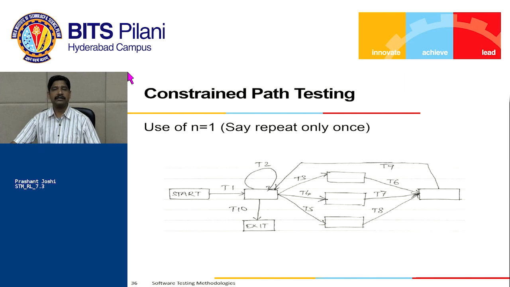In fact, we not only constrain it by behavior, we block the card, or we actually let the user know that he has entered it 3 times, and depending on the policy of the particular bank, we are going to take the necessary action. So from state, transition and path, we also now start putting the constrained path, which allows us to get to a very clear-cut testing for every state.